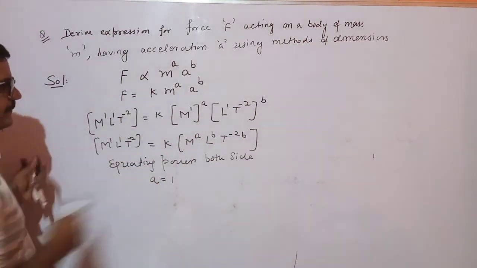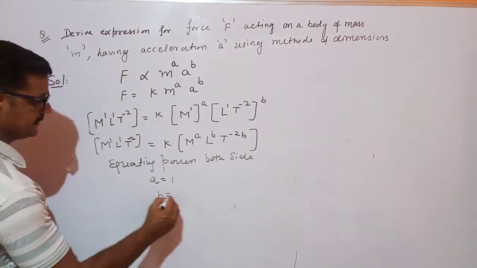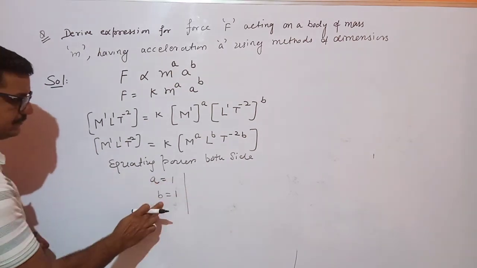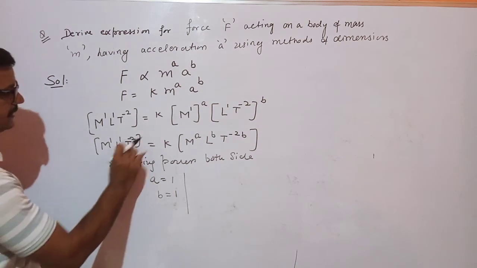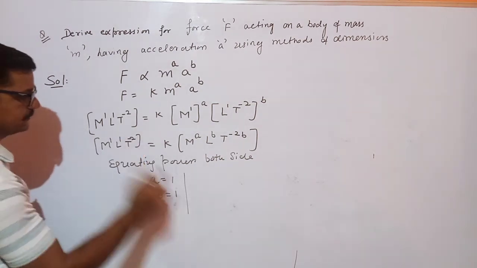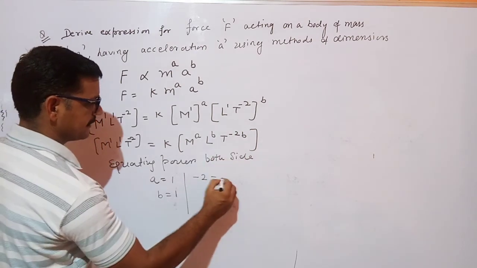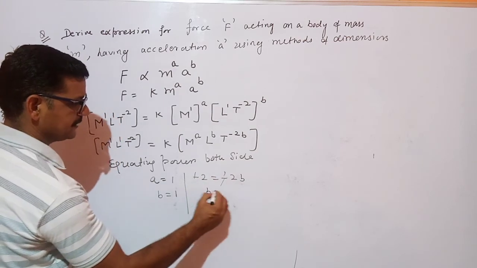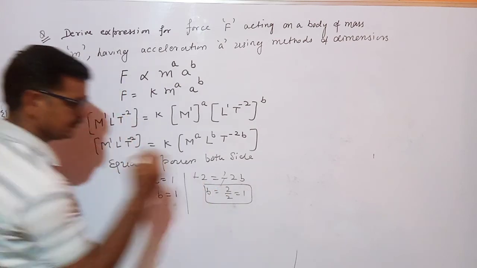Now see here, L power b, L power 1, it means b equal to 1. We got a equal to 1, b equal to also 1. Also if you see t is what? Minus 2, that is minus 2 equal to what? Minus 2b. The minus signs cancel out, b equal to 2 upon 2, that is also equal to 1.